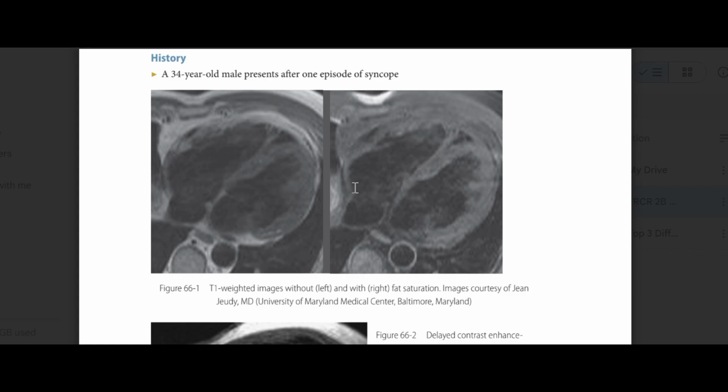So, sorry, yes, this is the T1 weighted image. As you can see the fat here, and this is the fat sat image. The fat signal is attenuated here, suppressed here.